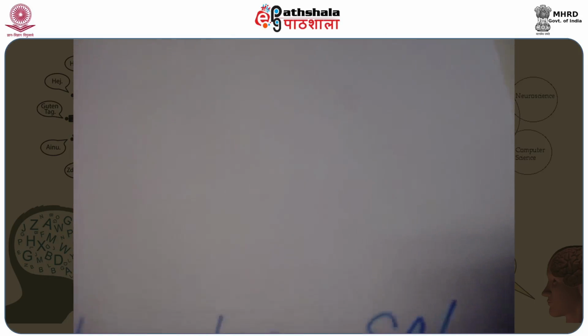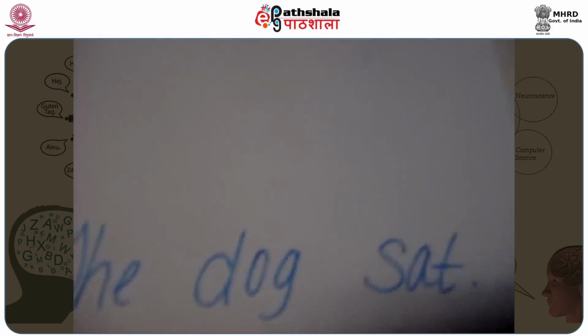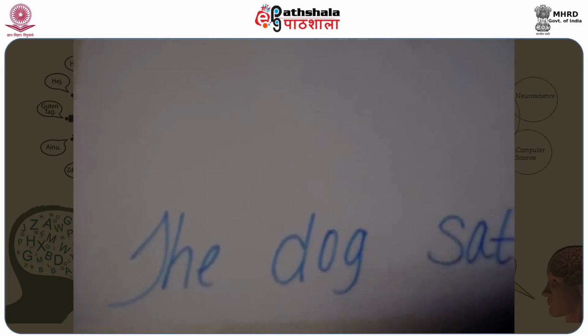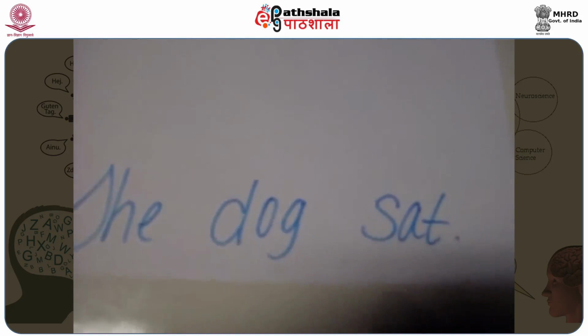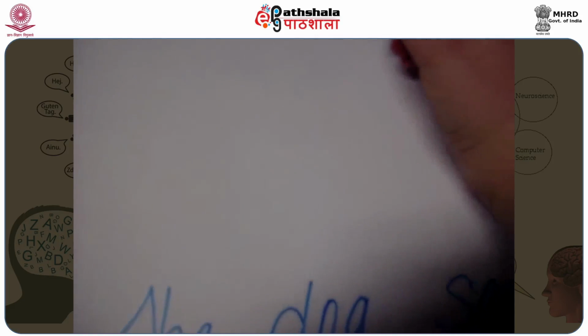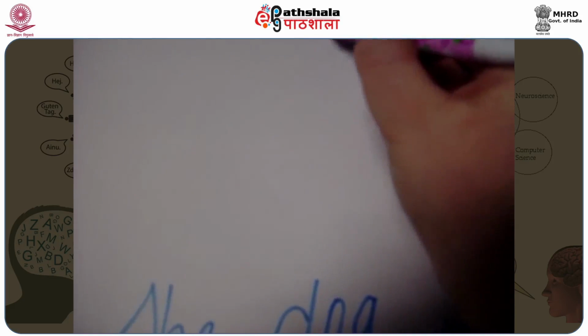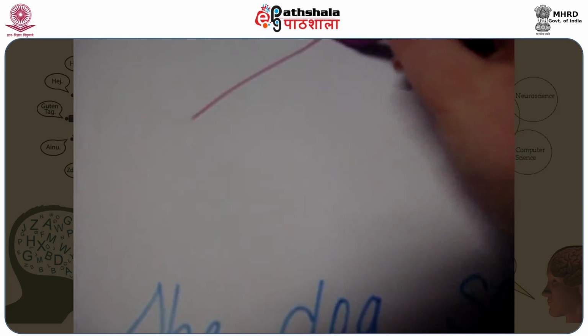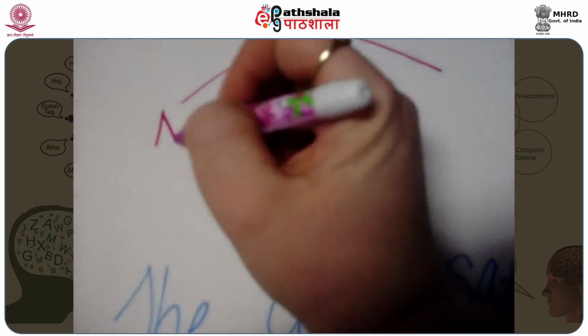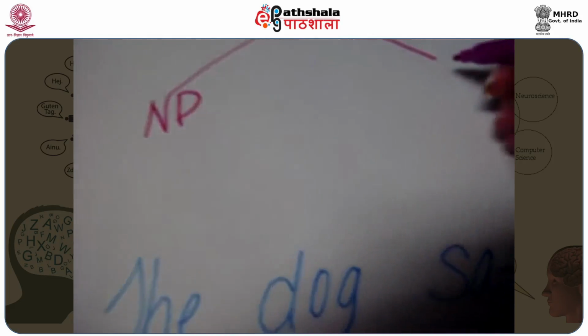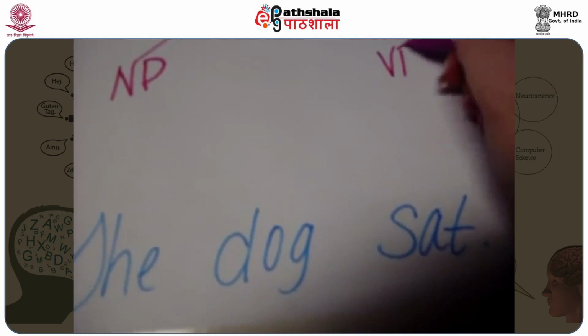Here's our first sentence. The dog sat. If we wanted to diagram this sentence, we would start like this. At the top of our tree is our node for sentence. And we have the two parts. We have the noun phrase and we have the verb phrase.